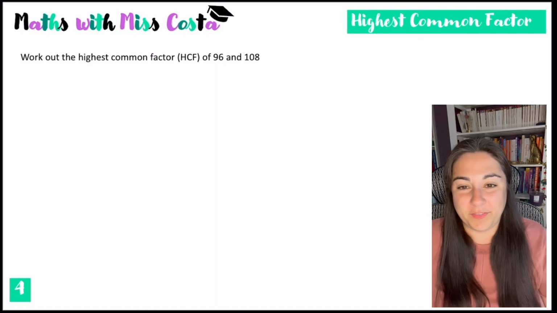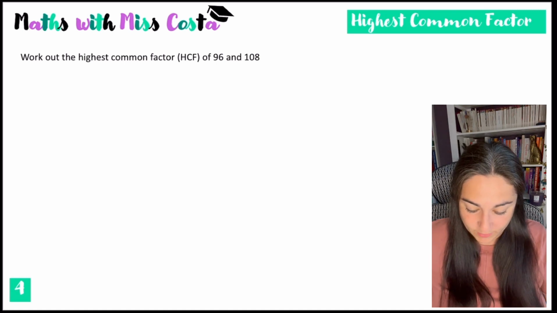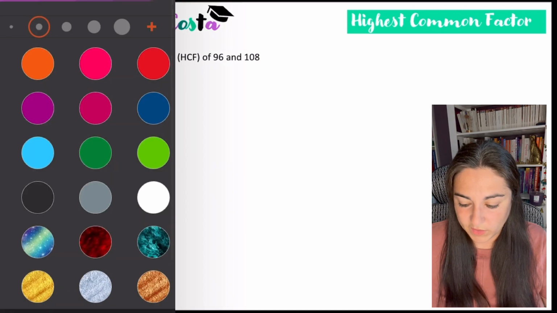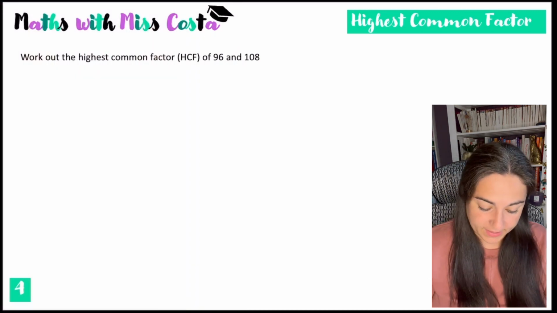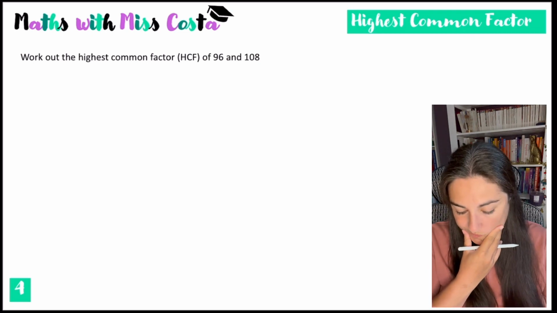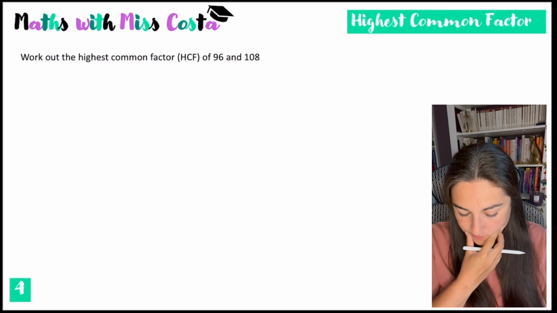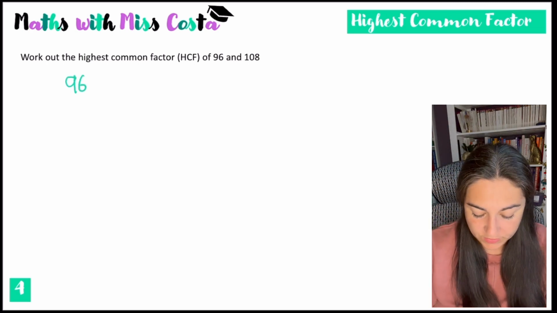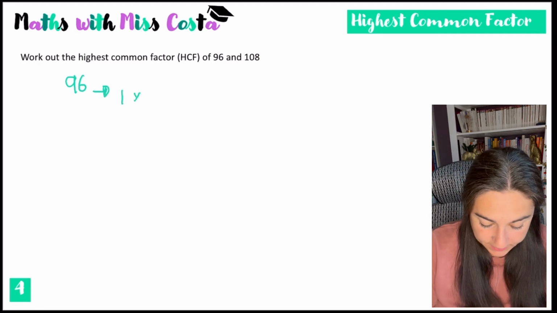Okay, highest common factor. Right, so the highest common factor, what's the best way to do this? So it's calculator paper. So you can choose, yeah. So let's do it just the factor way.